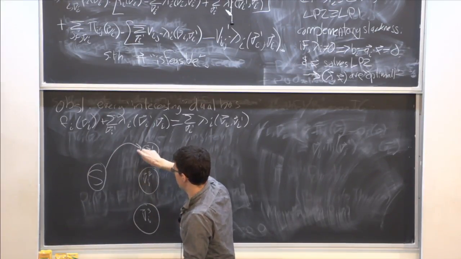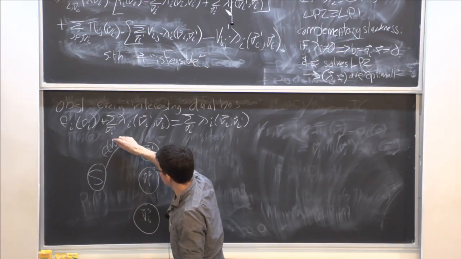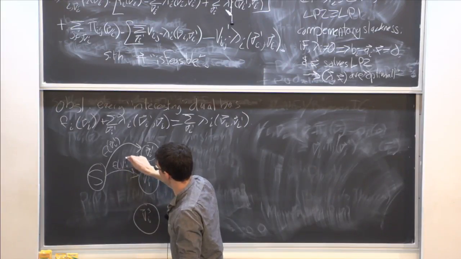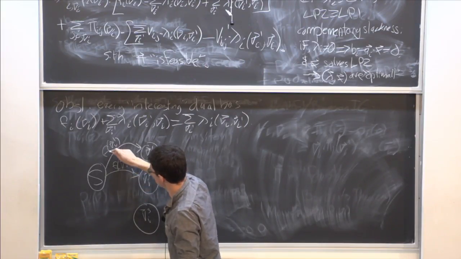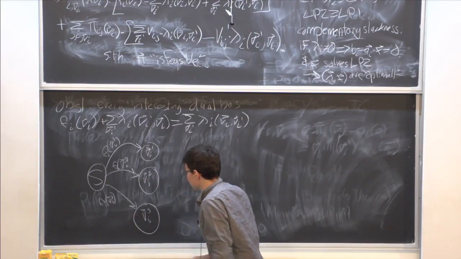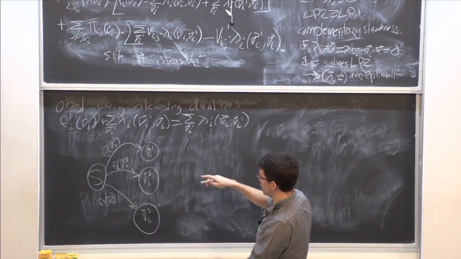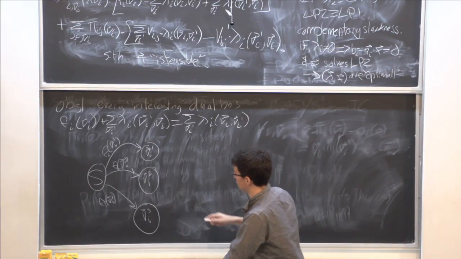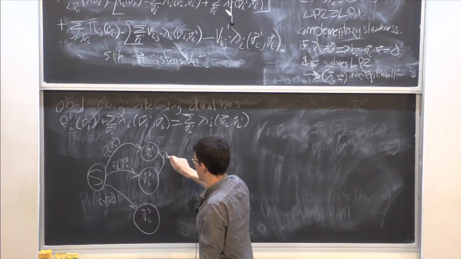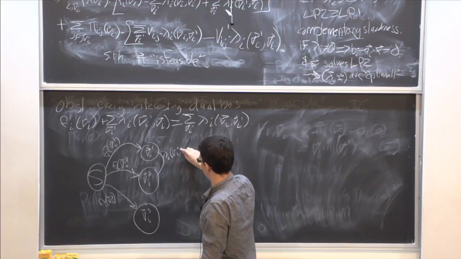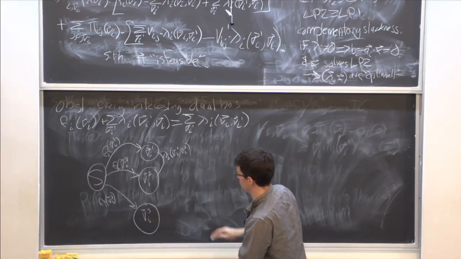Okay, so you get flow equal to f of vi1, f of vi2, okay? And then the flow that you send from one type to another type is just equal to this lambda i of vi1 to vi2.